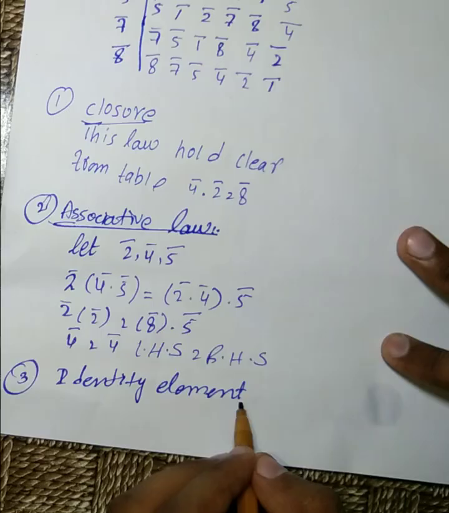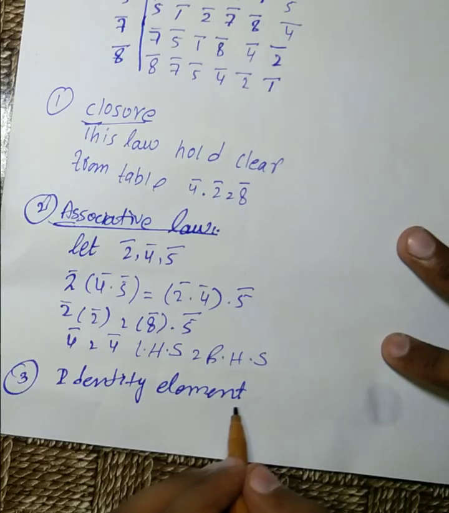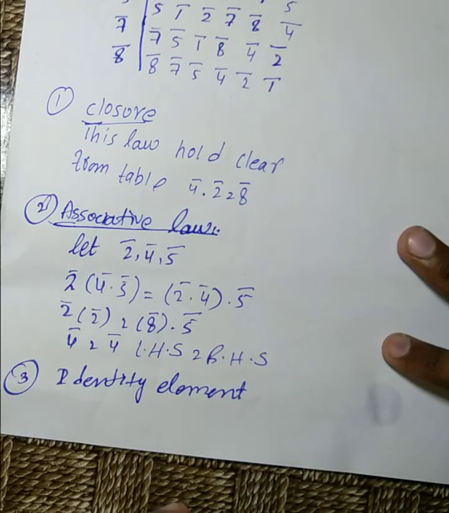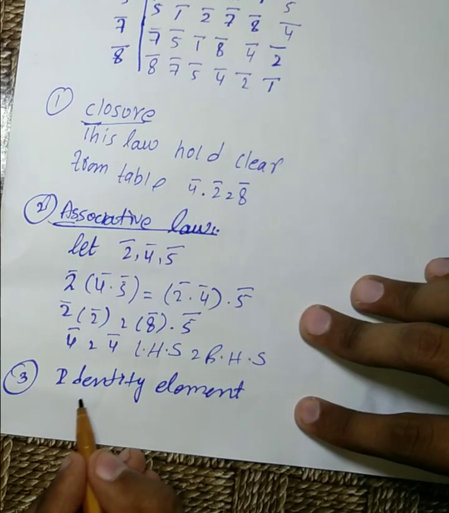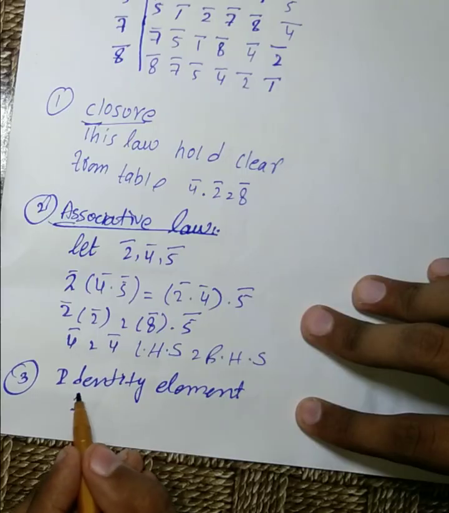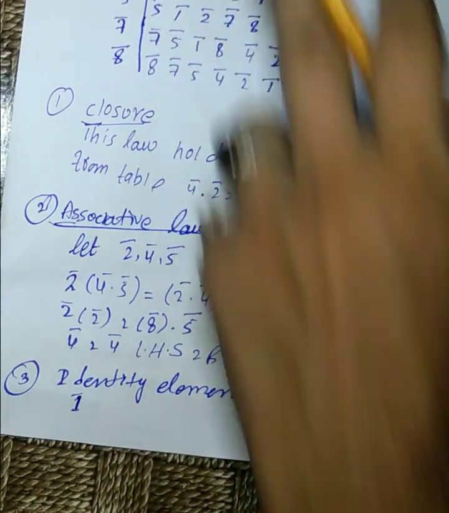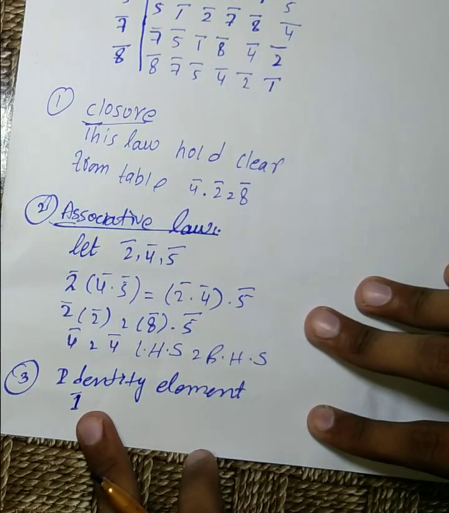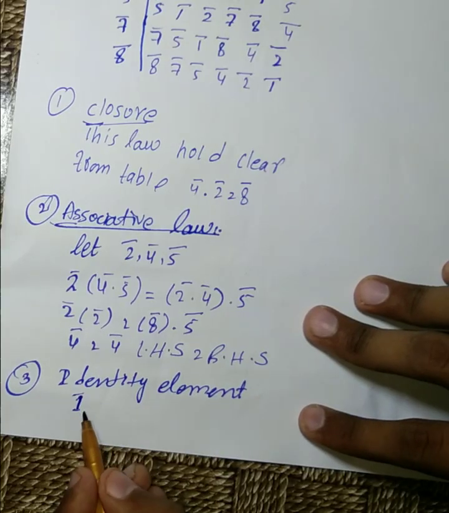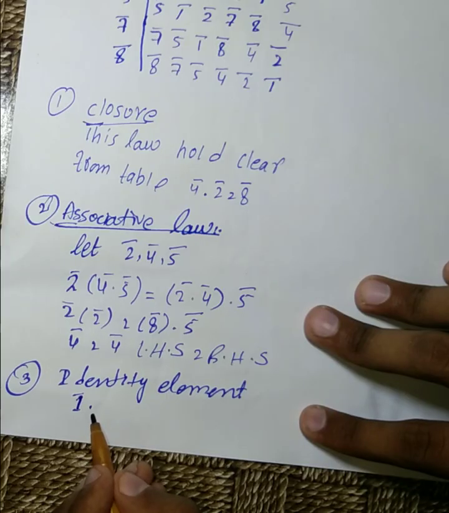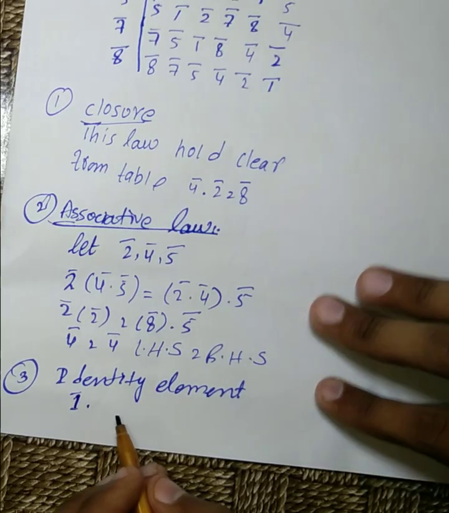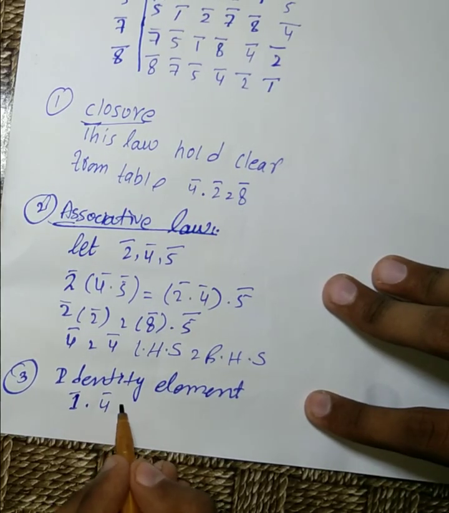And identity element means that multiplied by any number, the answer is the same. For example, 1 is the identity element under multiplication. Any number multiplied by 1, the answer is the same. For example, 1 dot operation under multiplication, and 4 equals 2.